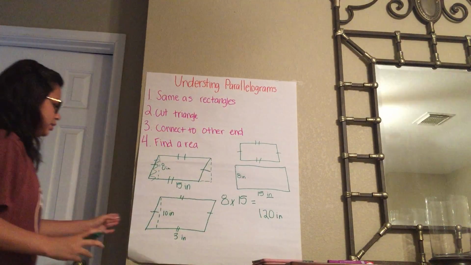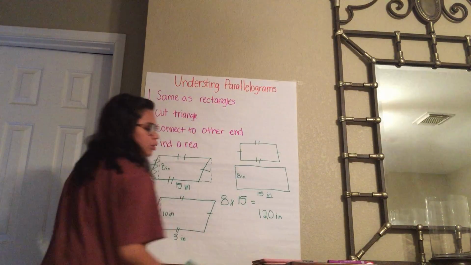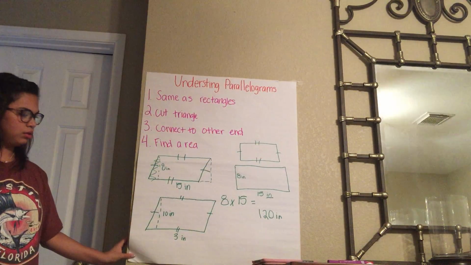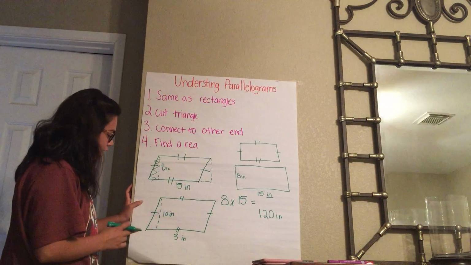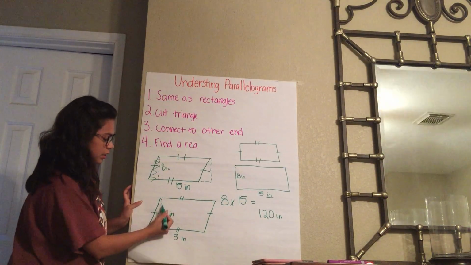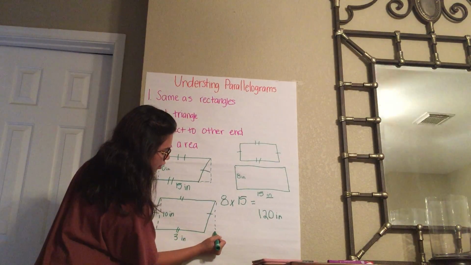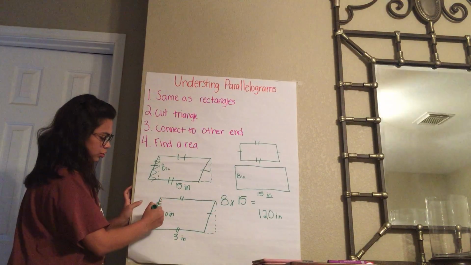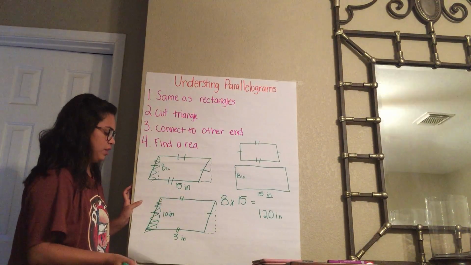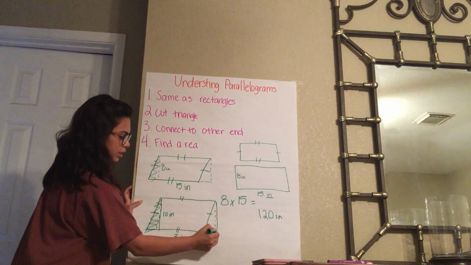Okay, it's been a few minutes. Can we have someone come up and show me how they did this? Okay, I'll just do it myself. So we're gonna cut this end again, remember? And then we're gonna place it over here to make a rectangle. So let's just scribble this out like it's not even there. And the new height is this. So it's gonna look like this.